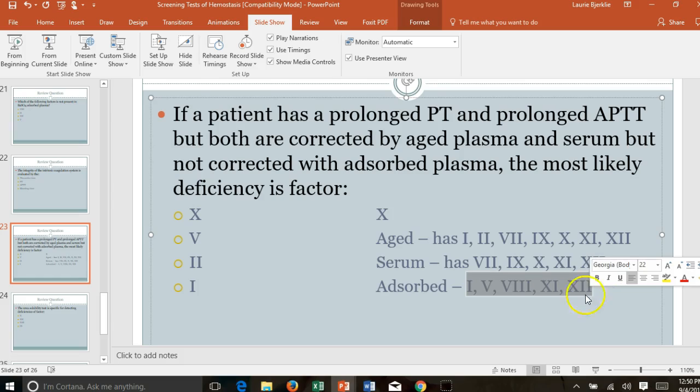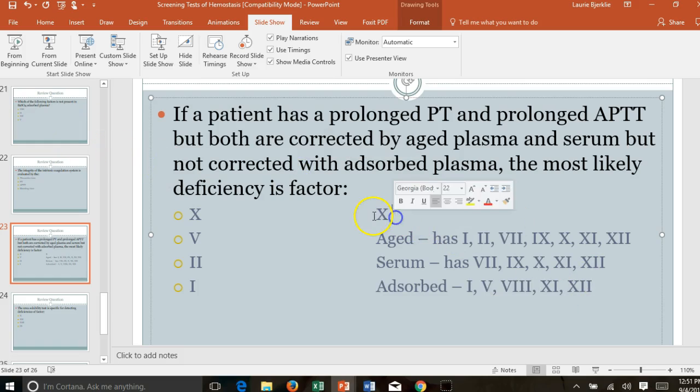So it can't be any of those. It has to be one of the ones it was missing. So this still makes sense as factor 10 because it didn't have factor 10 here and it did not correct. So it couldn't have fixed it. So that is the answer, factor 10. These are confusing and it's normal for people to not understand them immediately. It usually just takes time of practicing these kind of things.